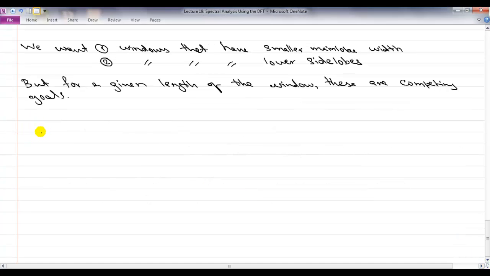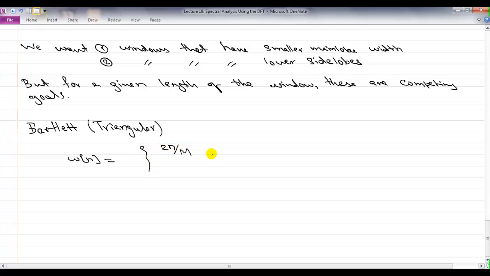There are a few very popular windows. One is called Bartlett or the triangular window, and we'll see what they look like. So that window for a length m is equal to 2n over m for 0 less than or equal to n less than or equal to m by 2.